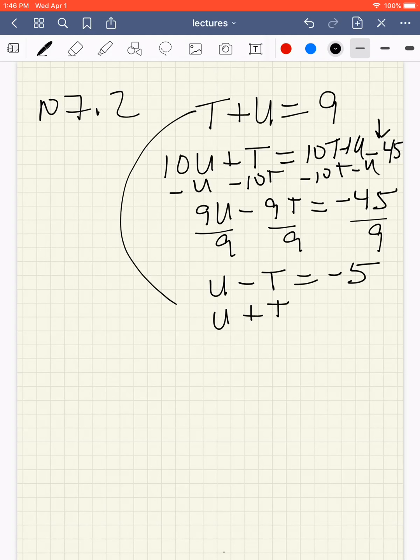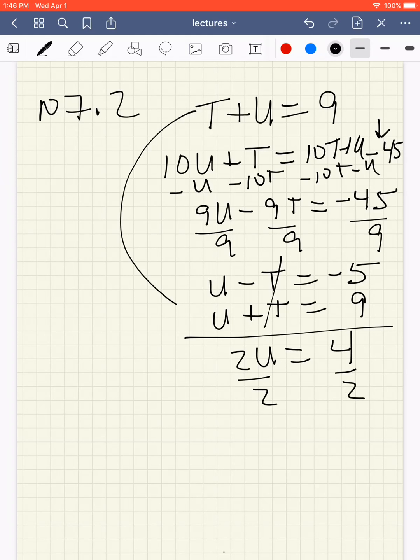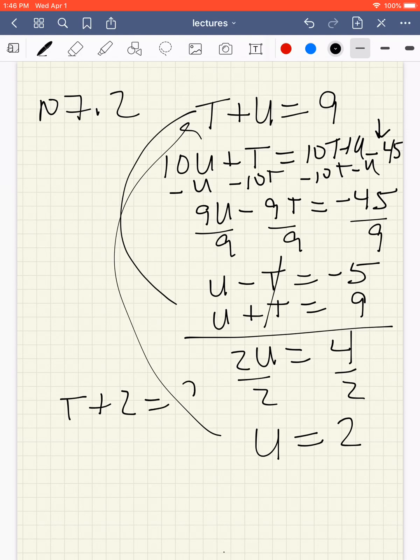U plus T is equal to 9. Add those two together. 2U is equal to 4. Divide by 2. U is equal to 2. And then back up here at the top, T plus 2 is equal to 9. So T must be equal to 7.